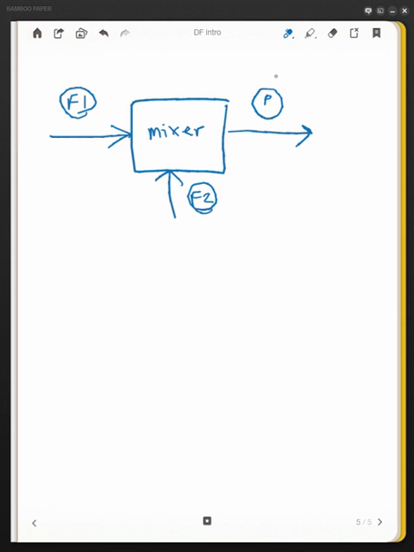Suppose we have water coming in here, and we have ethanol coming in here, and so we're going to have both water and ethanol coming out.